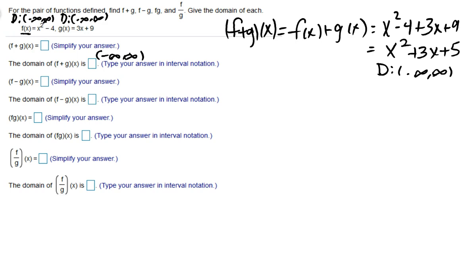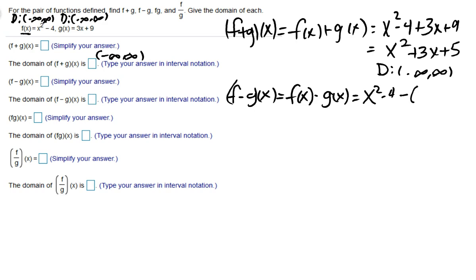So moving on to the next part, we want to find f minus g of x. f minus g of x is f of x minus g of x. f of x is x squared minus 4. And I want to subtract g of x.